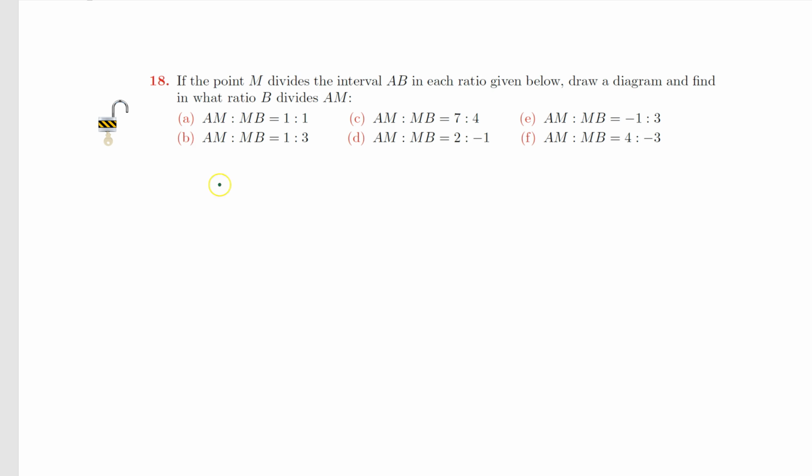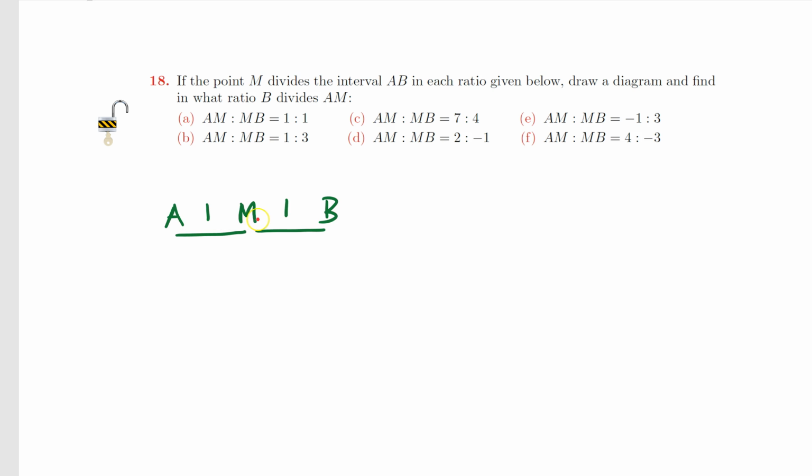So if AM is to MB, so we've got A, M is dividing the interval AB, so A to M, M to B, that's a 1-to-1 ratio. It then says find in what ratio B divides AM. So if B divides AM, then this is now saying, I'll just change pen colour.